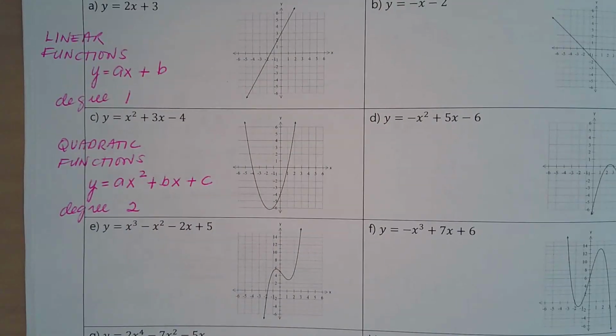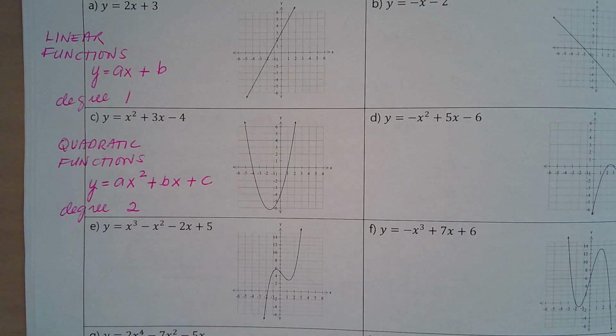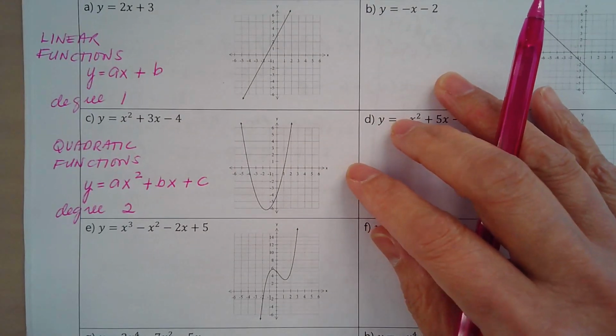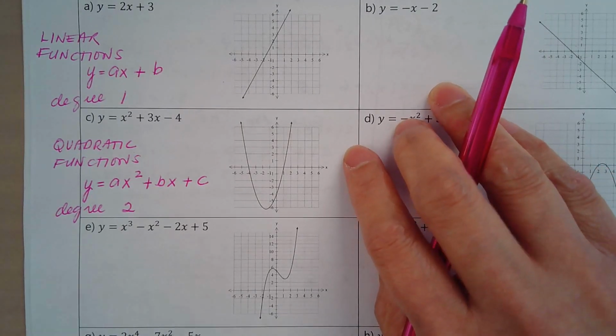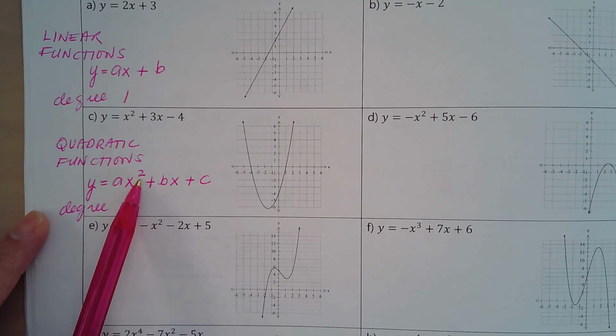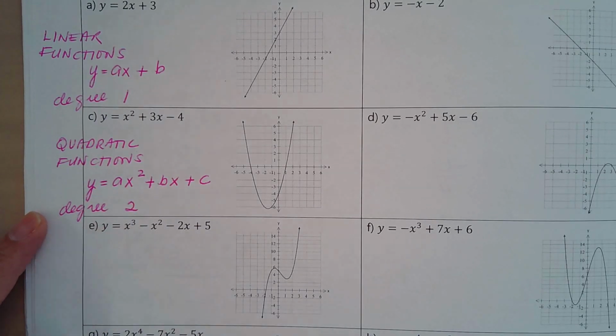What is a degree again? What's the definition of a degree? The power, yeah. Highest exponent in a polynomial function, right? So this one here, the highest exponent is 2, so that's a degree 2.